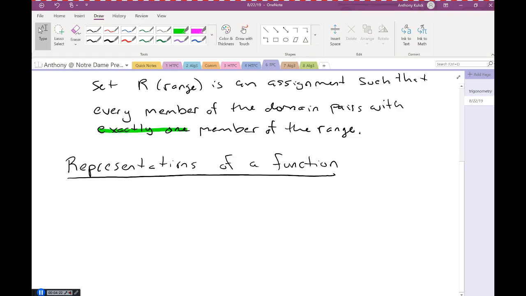Does anybody remember the different ways that we could represent a function? One of the ways? I think there's 5 of them, so there's a lot of choices here. Anybody remember one? This would have been the very beginning of the year.